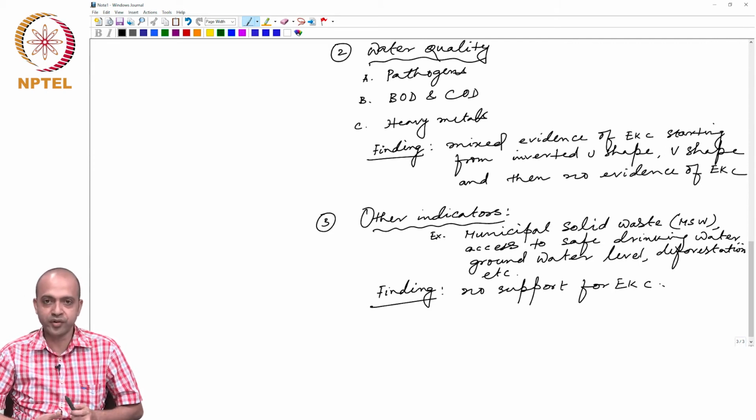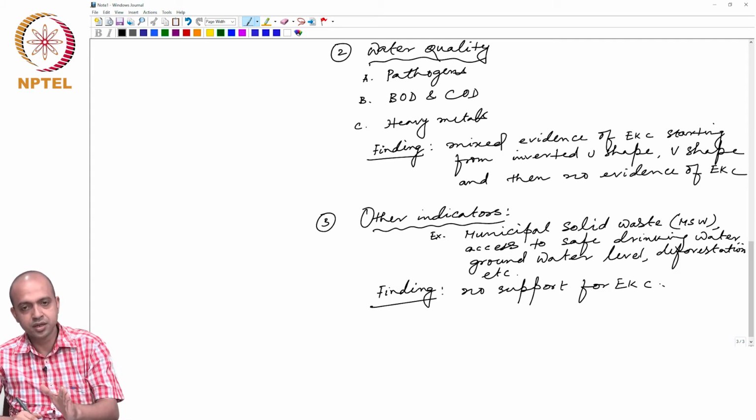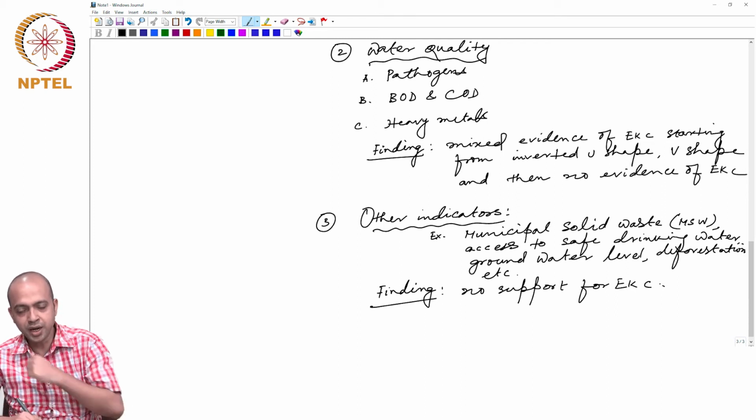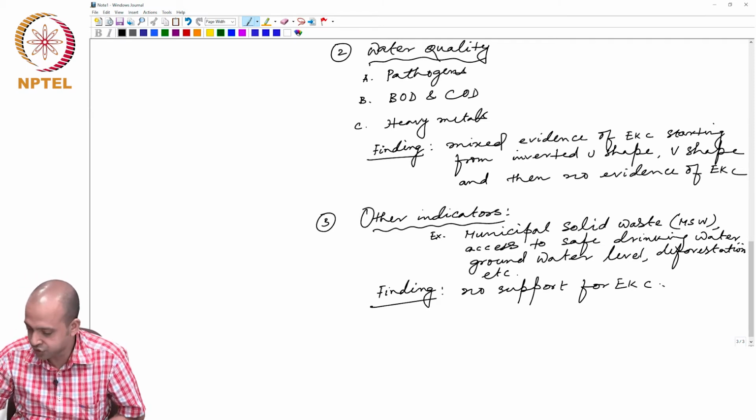They should not generalize the findings for one type of pollutant and apply it universally. This is what we understood from this analysis, which says that the findings of the relationship between environmental quality and per capita income heavily depend on the indicator we are using to measure environmental quality. That is the first question.